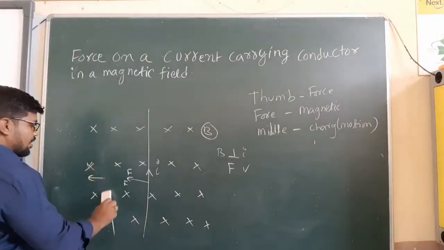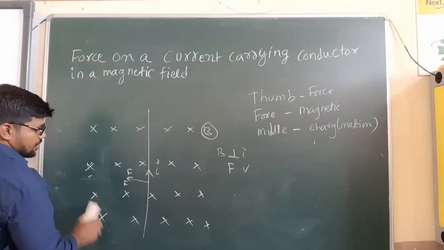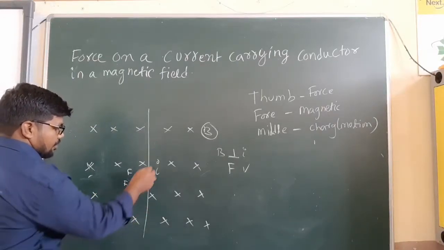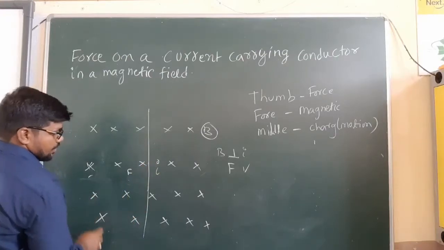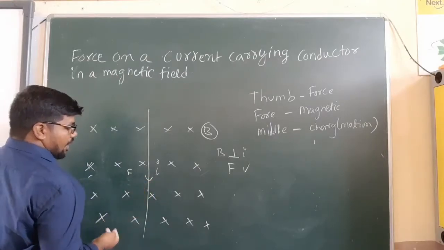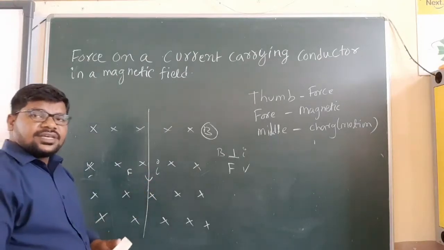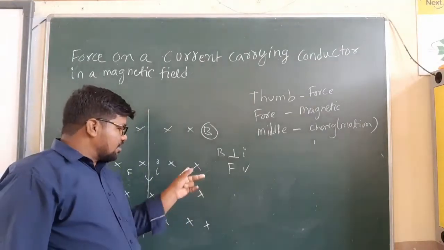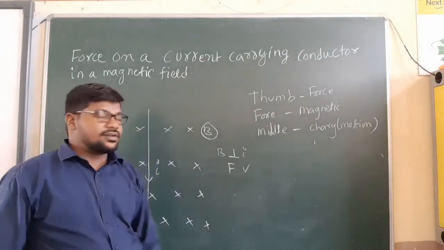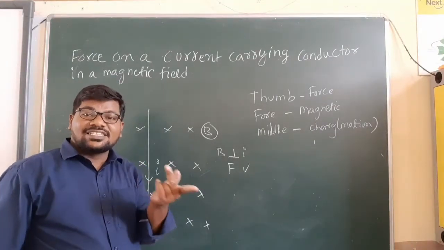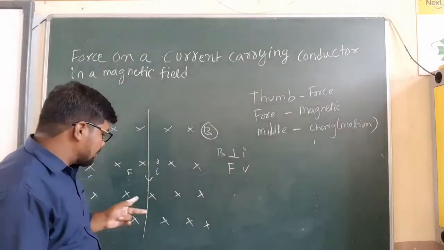Then if the current is reversed. Now we have to take the current passing from up to downward. What happened? The same rule we have to apply. The magnetic field enters into the pole with the forefinger, and the middle finger indicates the direction of current.